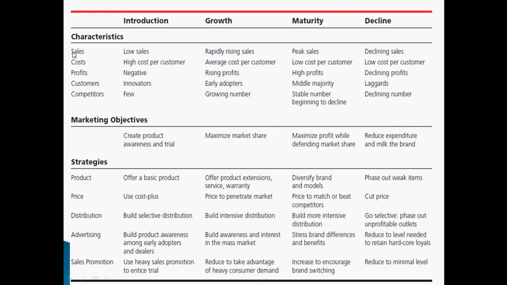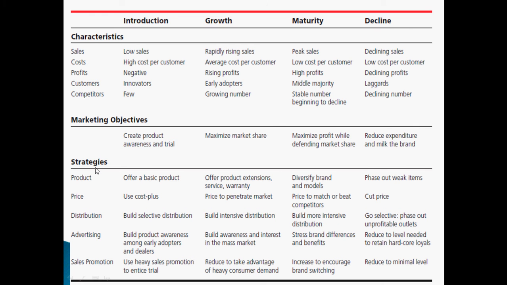Characteristics now, sales: there are low sales in the introduction stage. There are rapidly rising sales in what? Growth stage, peak sales in maturity, declining sales in what? The decline stage. So each aspect is covered as you go along.